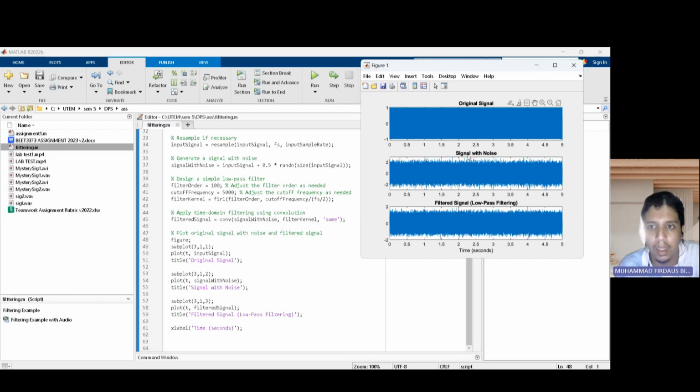In the second subplot, it represents the signal with noise. In the third subplot, it represents the signal with noise, but already filtered with a low pass filter.